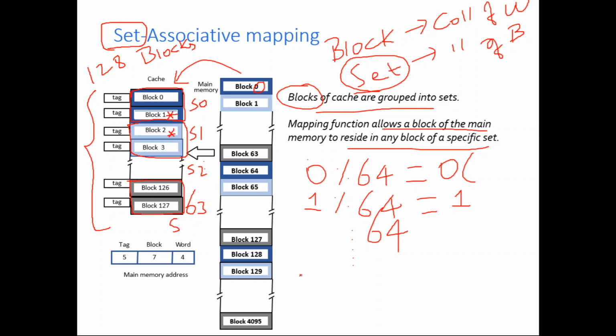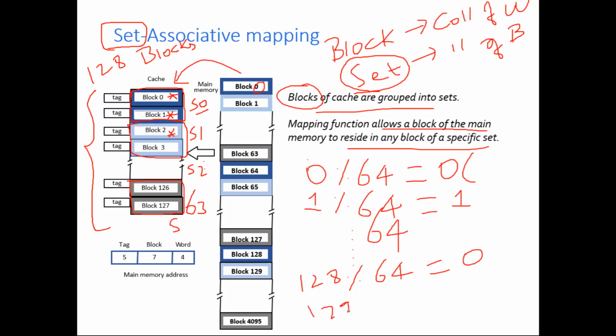Now assume that finally block 128 you want to move to cache memory. So 128 modulo 64, the remainder is 0. Remainder 0 means it can go to set 0. In set 0 already block 1 is occupied, so it will take block 0. Next, 129.